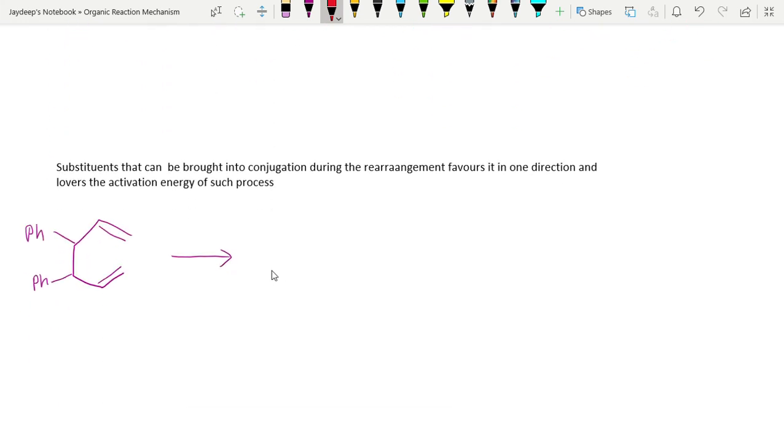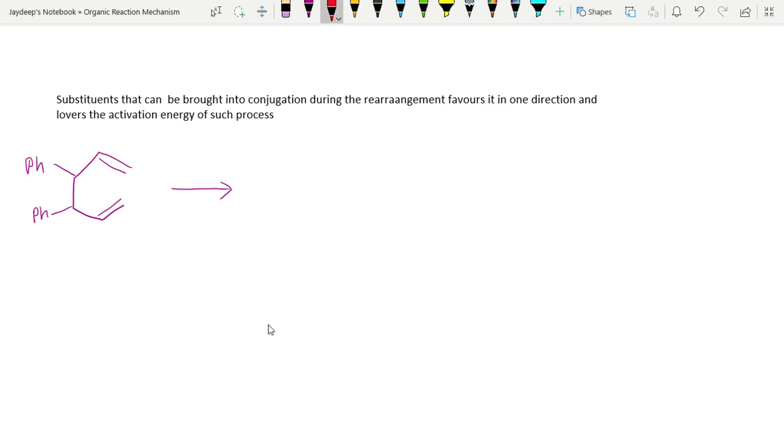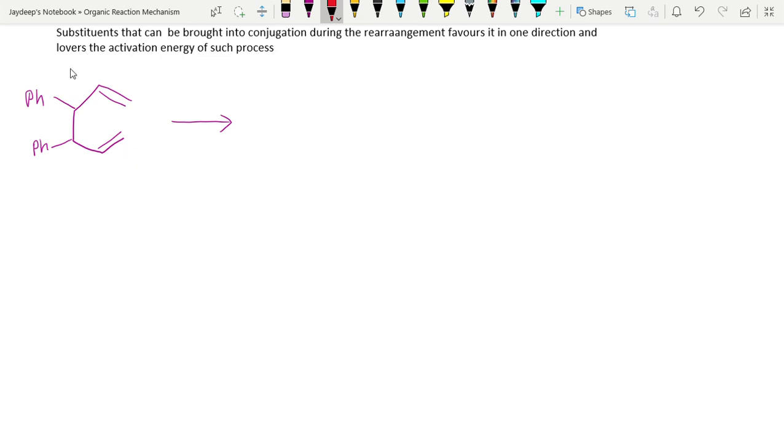Now look at the second example. As said earlier, this type of reaction is influenced by the presence of substituents that can be brought into conjugation during the rearrangement, which favors it in one direction and lowers the activation energy of such a process.